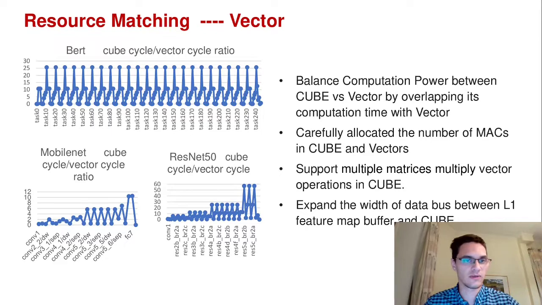So of course the architecture is optimized for the maximal performance of the cube unit, and as a consequence the clock cycles spent on the vector unit can be effectively hidden by the time spent in the cube.